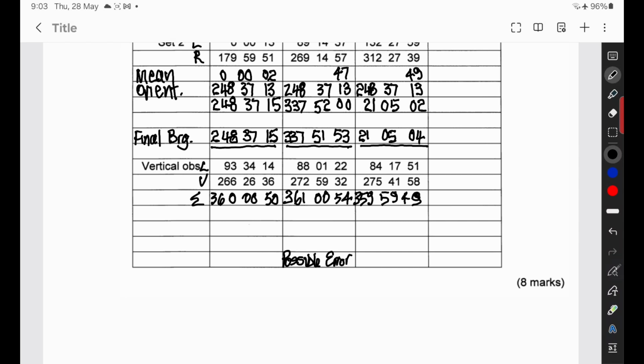And then I would sort of mean it out. Right. So we're 50 too much here. 50 seconds too much. So we divide that in half, 25, and subtract it. So 5 from 14 is 9.